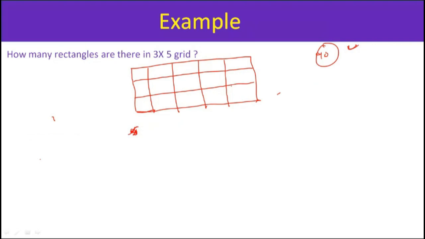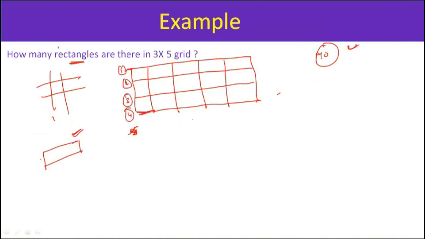All right, thanks. So see, what do we need to form a rectangle? We need any 2 horizontal lines and any 2 vertical lines, right? How many horizontal lines do we have? This is the first, second, third, and fourth horizontal line.